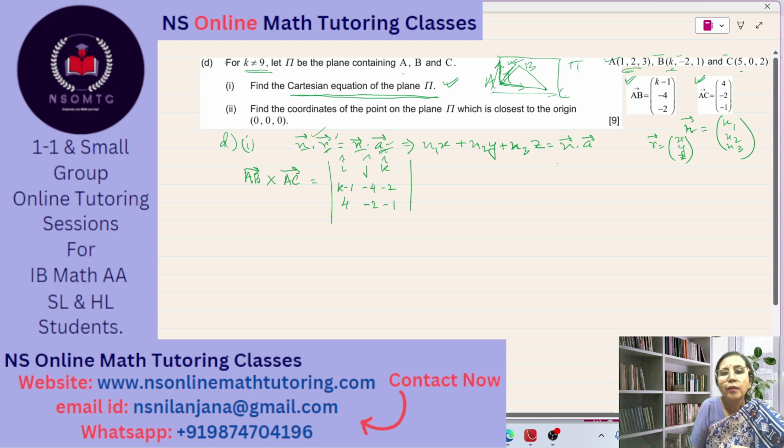Okay. So this is equal to, this will be i, this will be j plus this will be k. Okay. For i, we will be excluding this column. So it is minus 4 times minus 1 is 4.